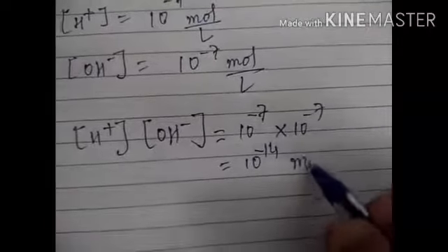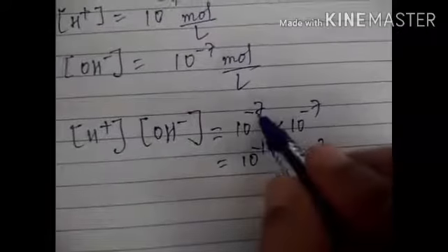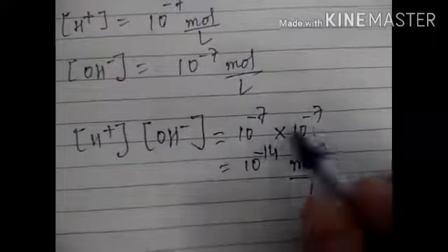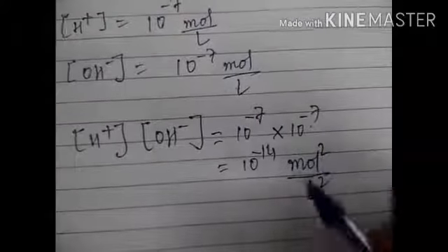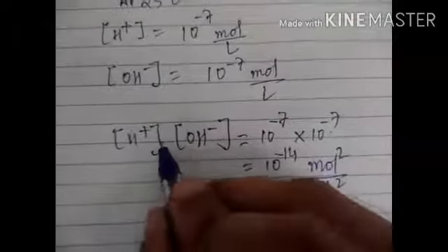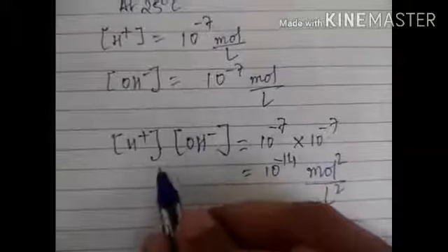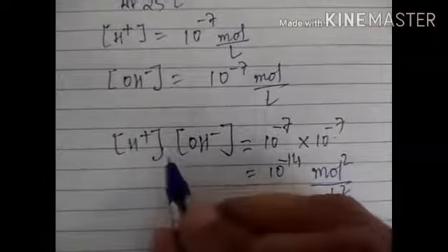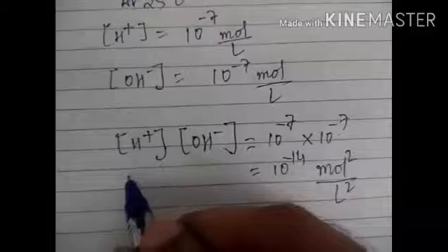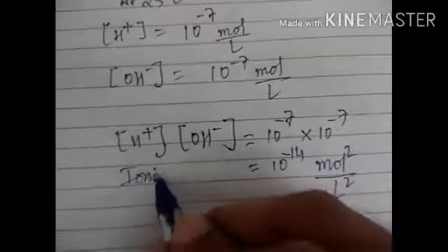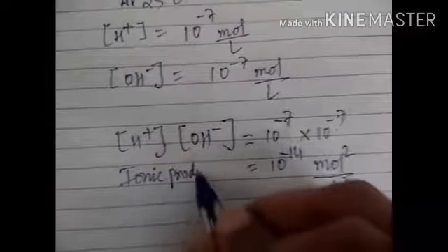The units will become mole square per liter square, because this was mole per liter and this is also mole per liter. Both are ions, so we have taken the product of the ions, so simply I will write this is the ionic product of water.